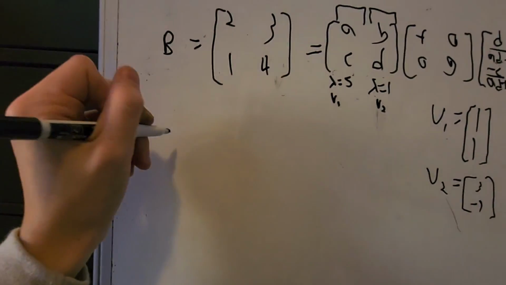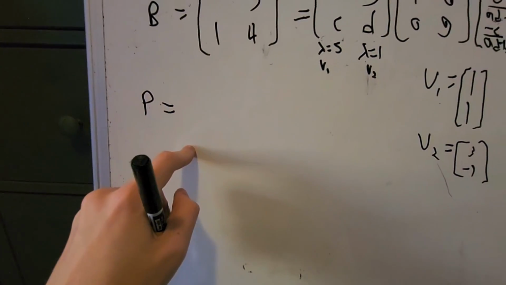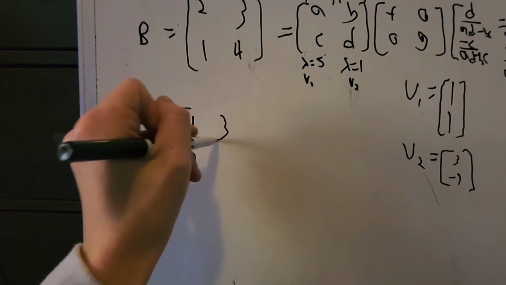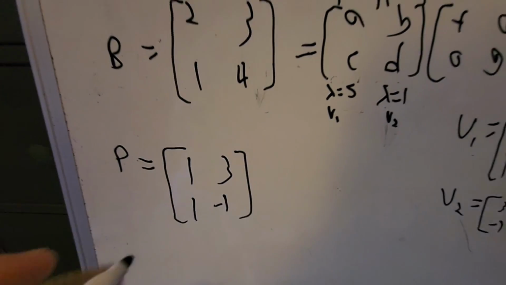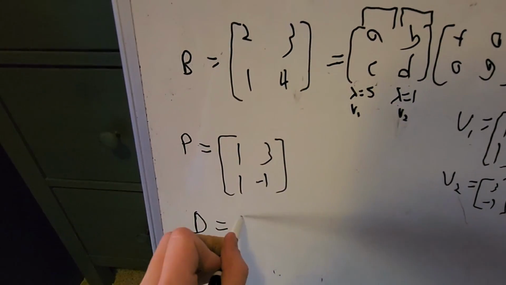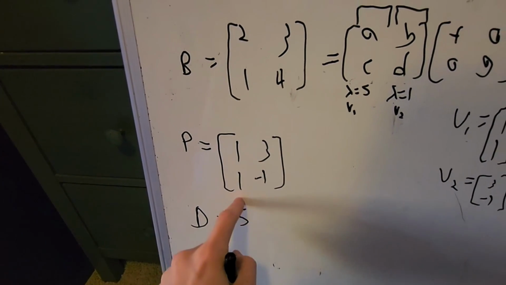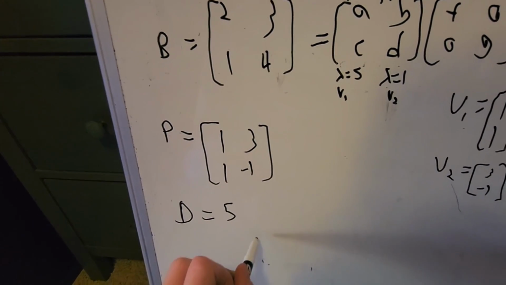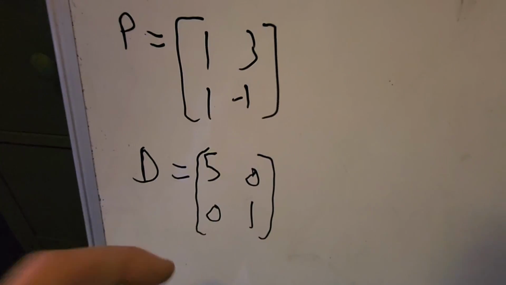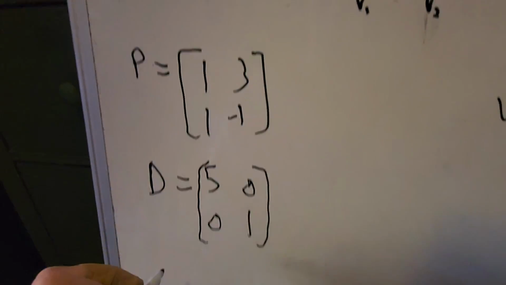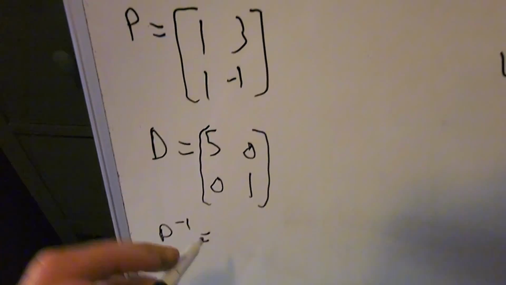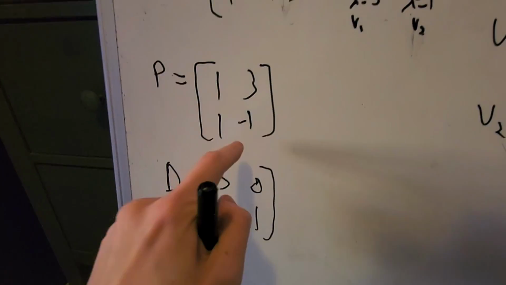Okay, so our P matrix is our matrix of eigenvectors: 1, 1, 3, negative 1. Our matrix D is the diagonal matrix of eigenvalues. 5 corresponds to the first one, and 1 corresponds to the second one. Okay, so we have our matrix D now. Now I need our P inverse matrix. So first we need to take the determinant of this.